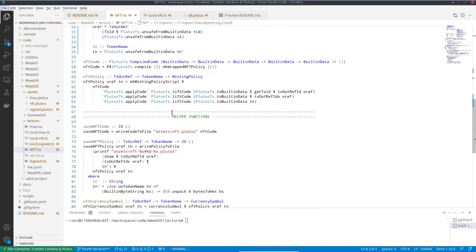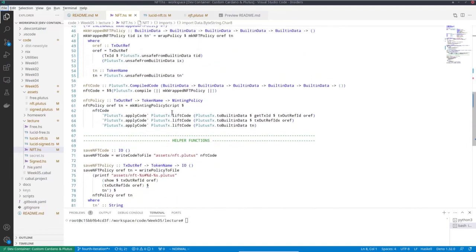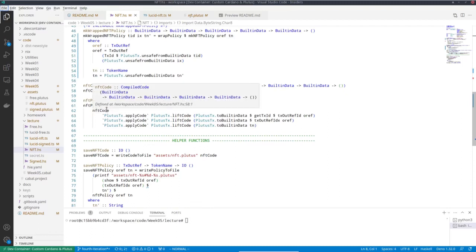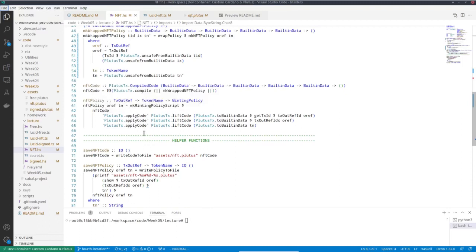Okay, and then the rest is just standard. Again, I split this compilation and parameter application into 2 parts. This is the parameterized script, which is not yet a minting policy because the 3 parameters haven't been applied. So it's just compiled code. Then if I want an actual policy, I can use this compiled code and apply the 3 parameters. Here I do the opposite to what I did here.